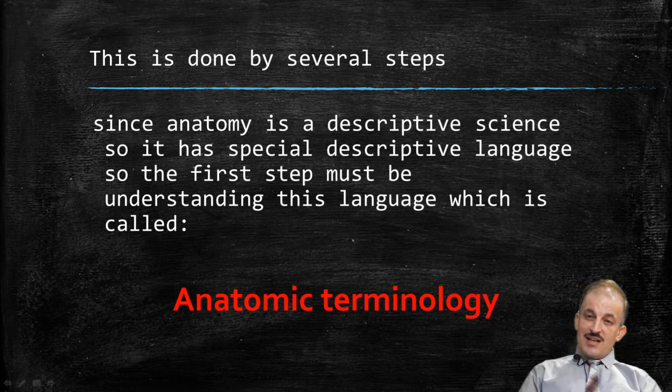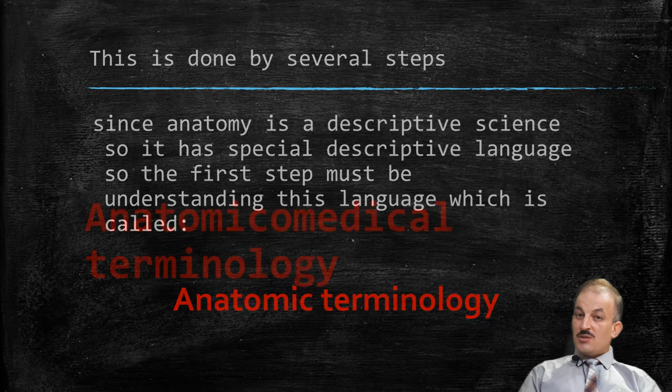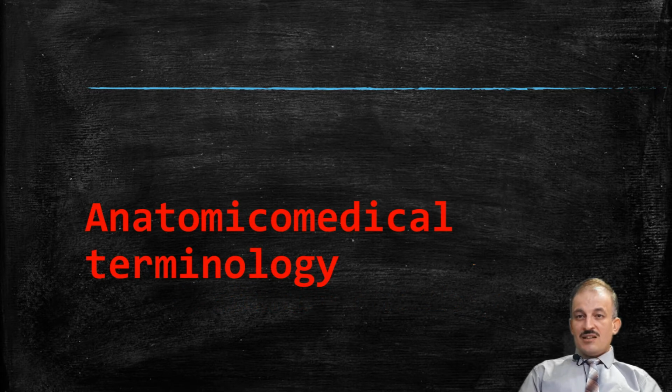And as it has a strong correlation with the field of medicine and its various specialties, it is called anatomico-medical terminology or terms. So you must have good knowledge about this language, and then you will proceed to study anatomy.